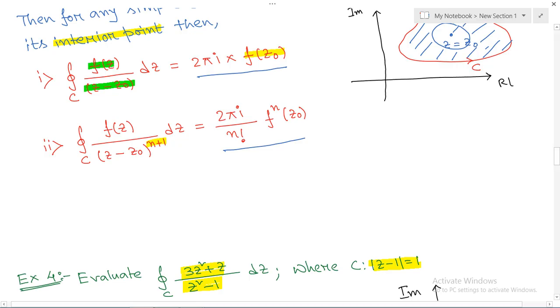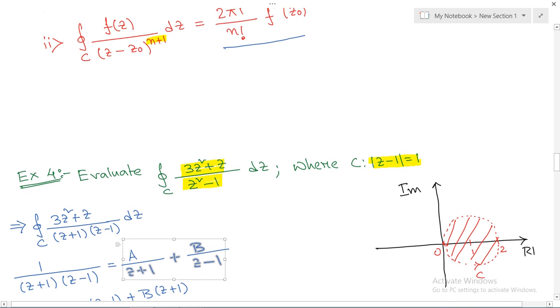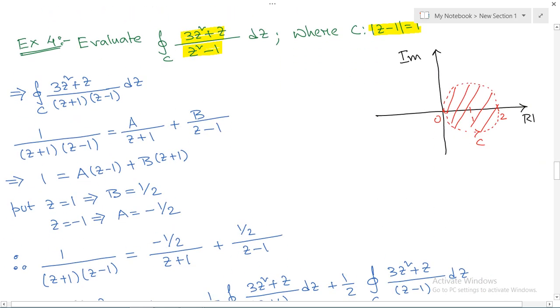But here we have (3z square plus z) divided by (z square minus 1). So z square minus 1 we can split into (z plus 1)(z minus 1). So first of all, we have to rearrange this integration into the form of Cauchy's integral formula, either form 1 or form 2. So for that we have to do the partial fraction.